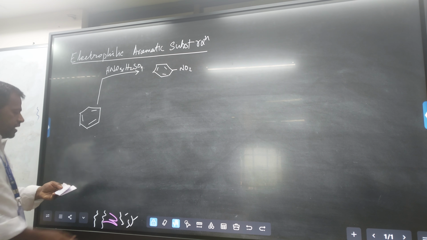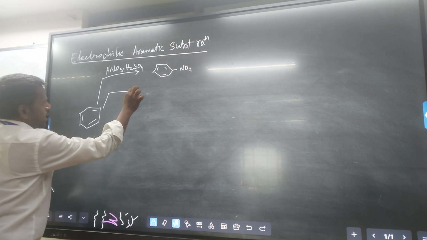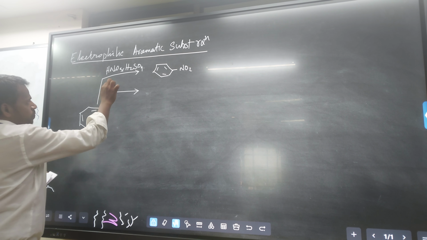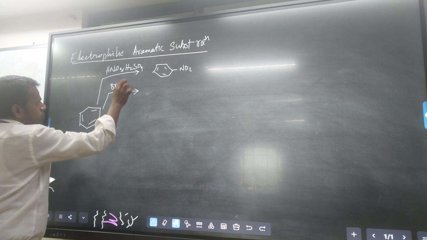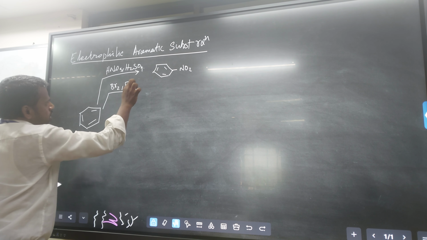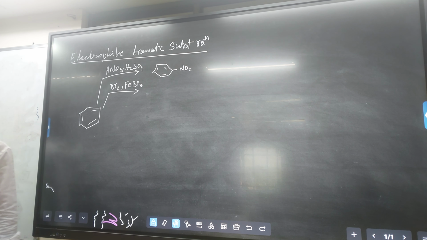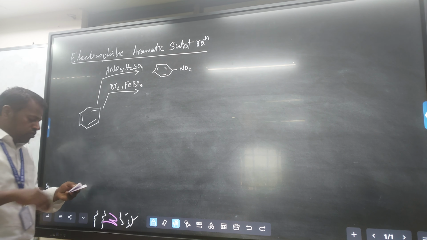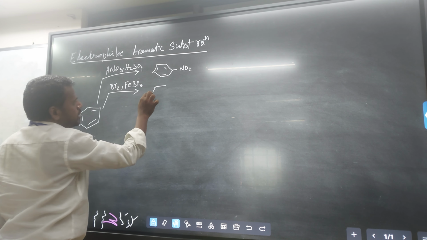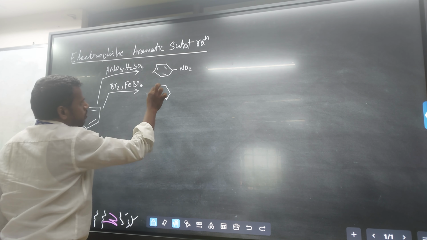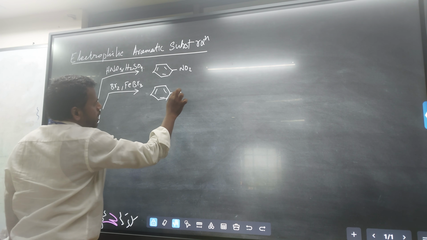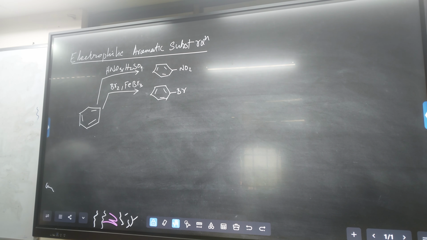Nitration. And similarly, if you add Br2 and FeBr3, ferric bromide, the ferric bromide initiates the bromination reaction in the benzene. So you get the bromobenzene. What is this reaction?